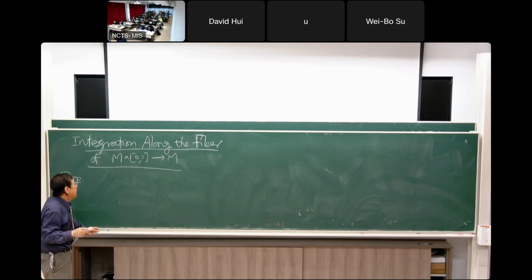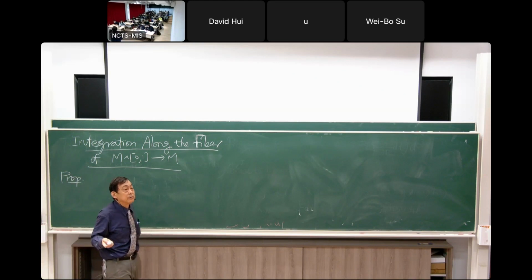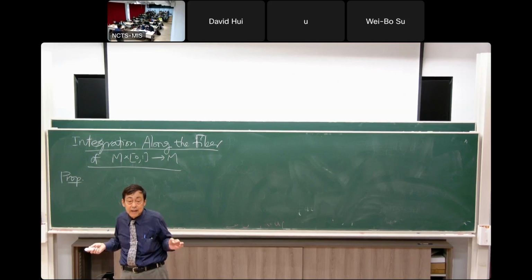And I want to prove this proposition that it is independent of the coordinates. So if I have another set of coordinates, y1 to yn, on the chart, then integration along the fiber defined using y is the same as what you get defined using x.